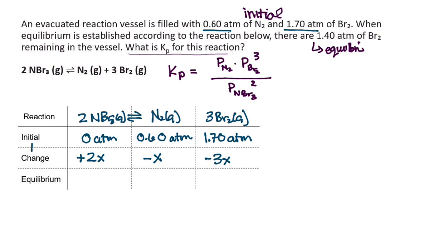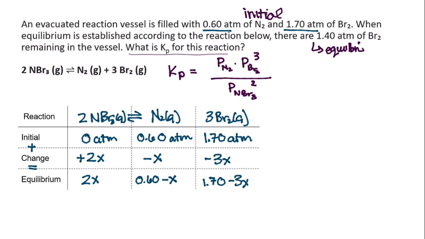To figure out the equilibrium amounts, I just add down each column. My equilibrium amount of NBr3 will be 2x. My equilibrium amount of N2 will be 0.6 minus x. And my equilibrium amount of Br2 will be 1.7 minus 3x.